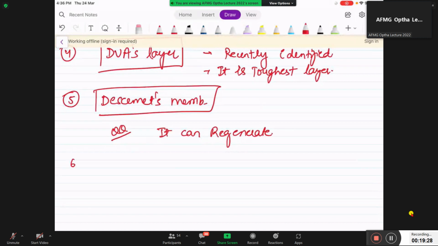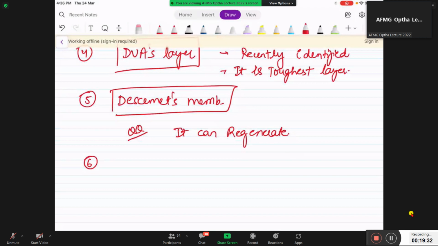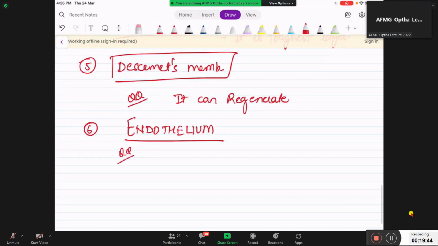Now, the innermost layer of the cornea is E in A, B, C, D, E. E stands for endothelium. Write down. Important point, write down that the endothelium is the most metabolically active layer. Clear?